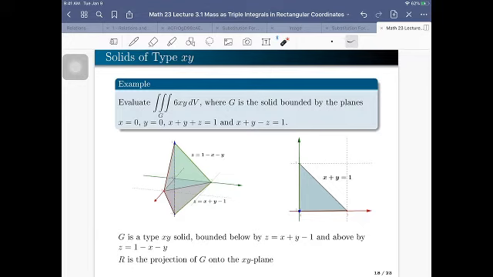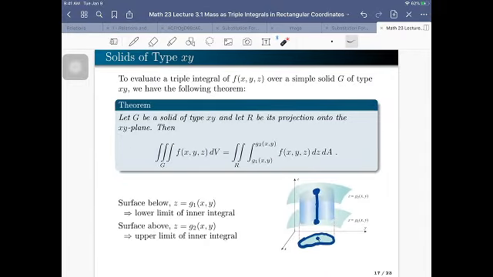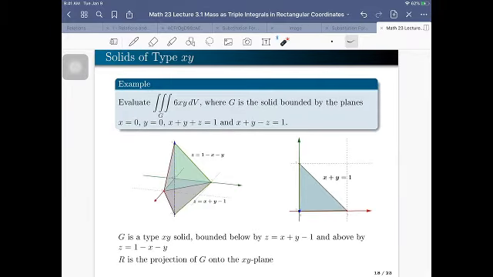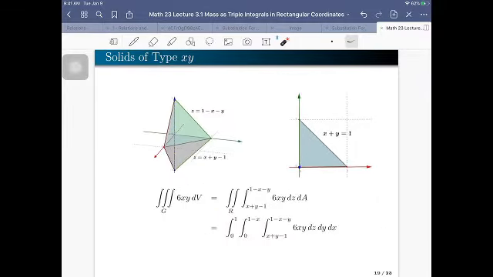Okay, so again, you have to rewrite this as z equals a function of xy because that's how you do it here. This is the lower boundary, this is the upper boundary. And remember, R is the projection of G onto the xy plane. And that's why we say that it's a type xy because you have a projection onto the xy plane. So now let's evaluate.